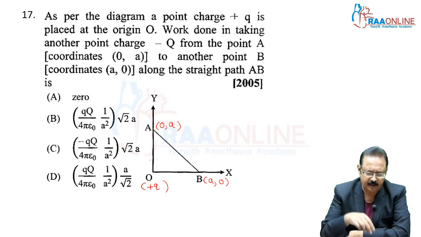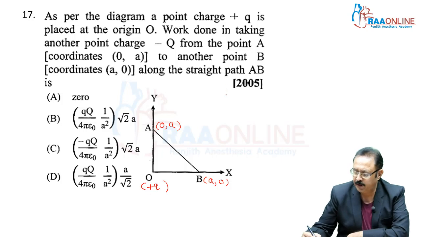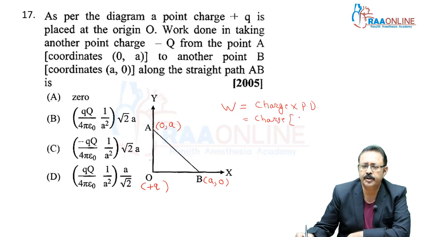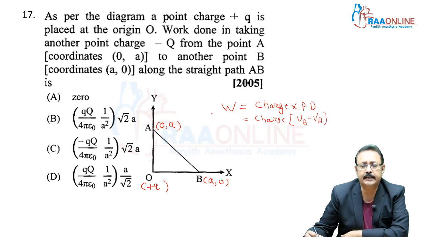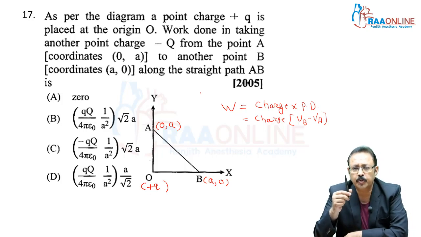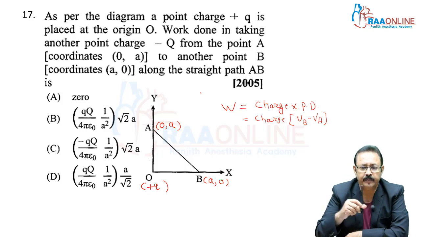Work done means, you know the formula. What should be the work done? Charge into potential difference, means charge into potential of B minus potential of A. But both points are at the same distance from O. So the potential of A and B due to that plus Q charge should be the same.